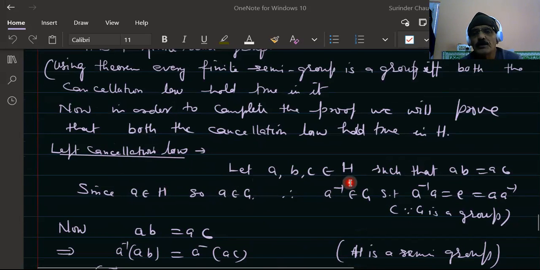Let a, b, c belong to H such that a b is equal to a c. Since a belongs to H, a belongs to G. G is a group, so a inverse also belongs to G, such that a a inverse is equal to e.